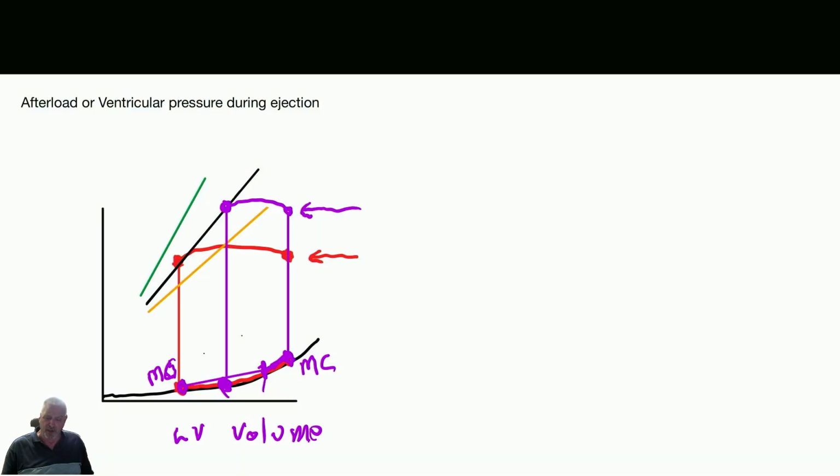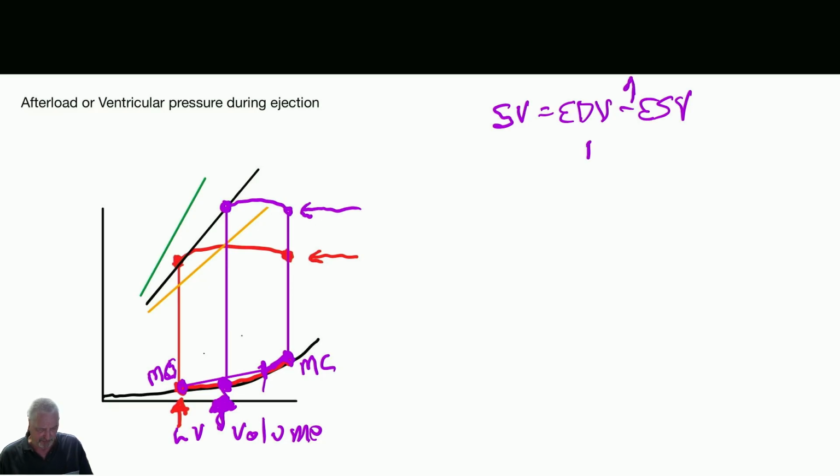We didn't get as much blood out. And so this point is our end systolic volume when we're at a higher afterload, whereas our end systolic volume at the lower afterload was down here. So we remember that stroke volume is equal to end diastolic volume minus end systolic volume. And what we see is end systolic volume is up, so that the difference between these two is less than it was before.